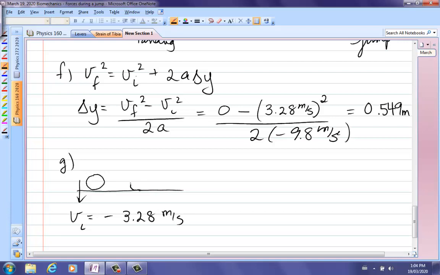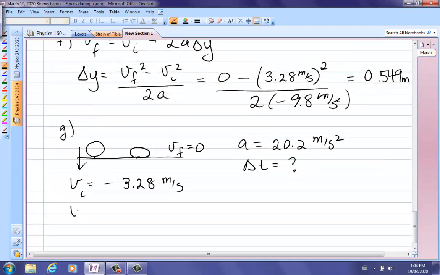And then let's say we squish down till we stop. Vf is 0. And it's not free fall. We've touched the ground now. There's a huge force up on us to stop us. And we know the acceleration during that process is the 20.2 meters per second squared. And what we want to know is how long does this take? So this is the unknown.